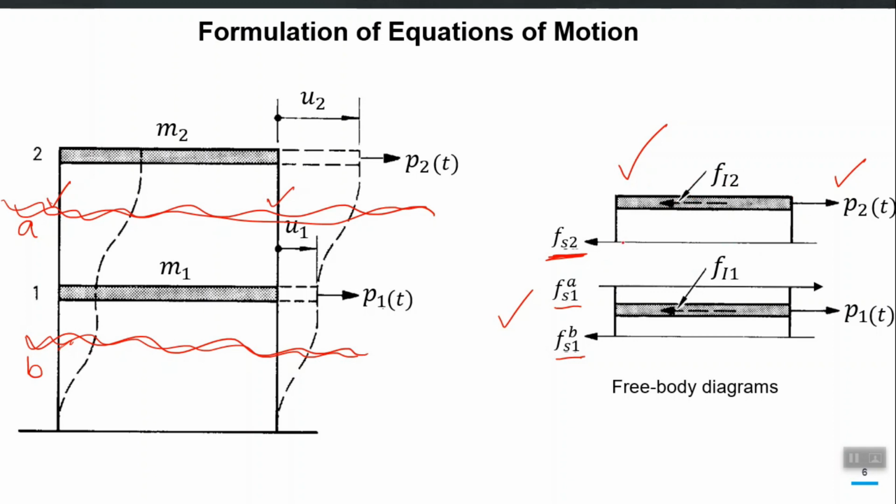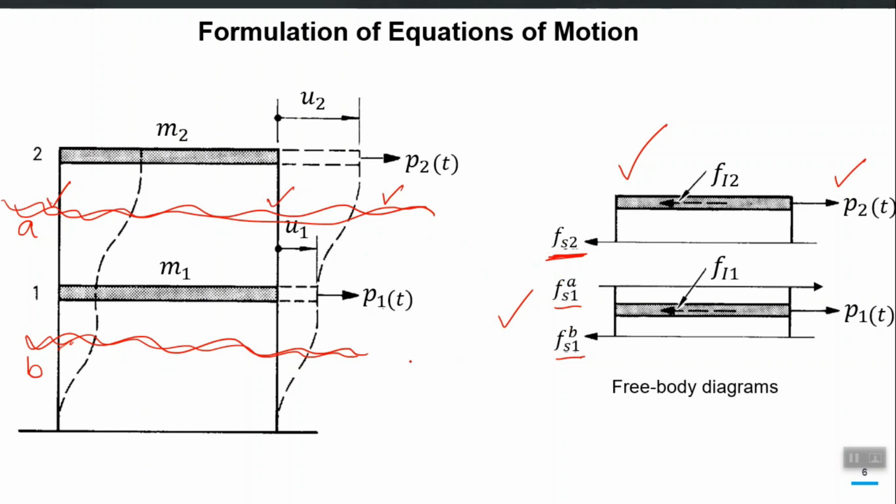Now, in order to maintain equilibrium, if we have one section and one force towards the left hand side, we should have a second force which is equal and opposite. So Fs1A should be towards the right hand side and Fs1A should be equal to Fs2, right, in order to have equilibrium at that section cut A.